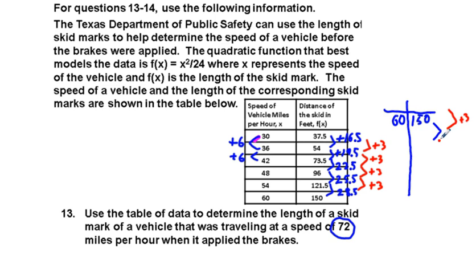So I'll say plus 31.5. So to get 66, 150 plus 31.5 is going to be 181.5.